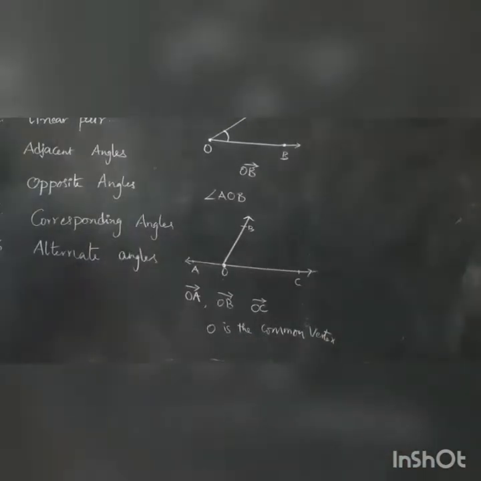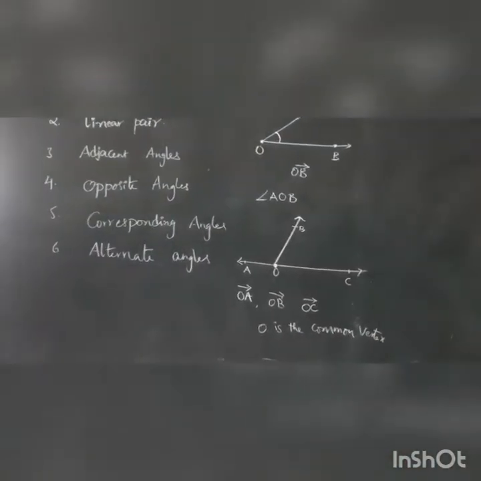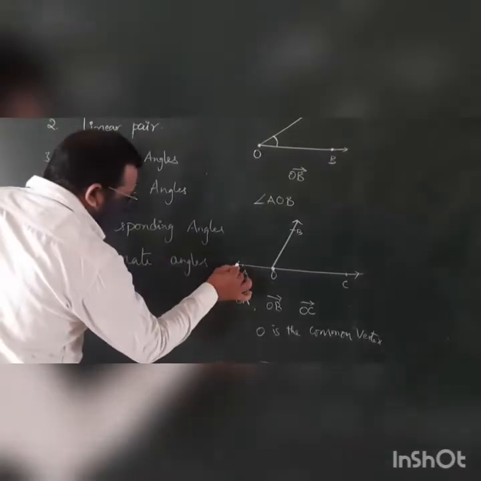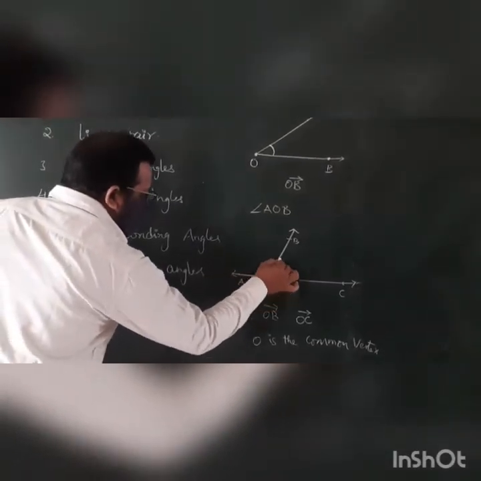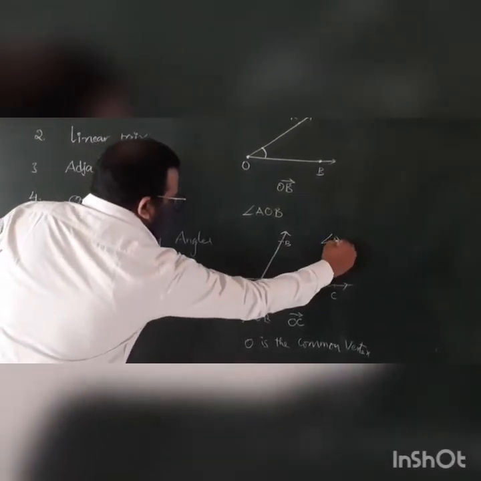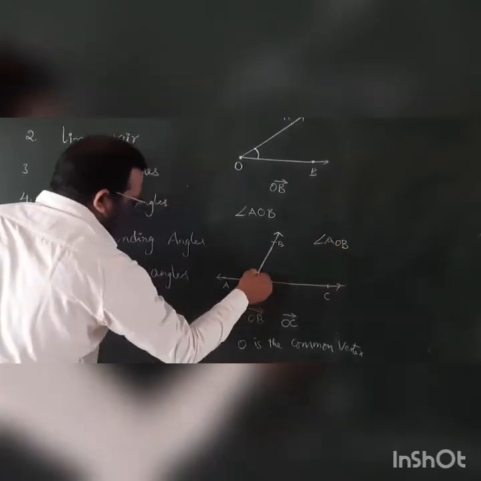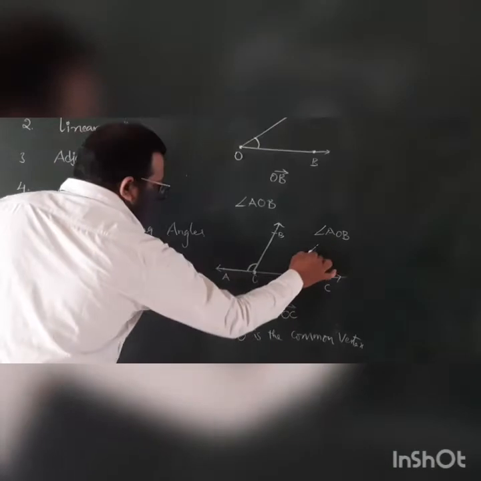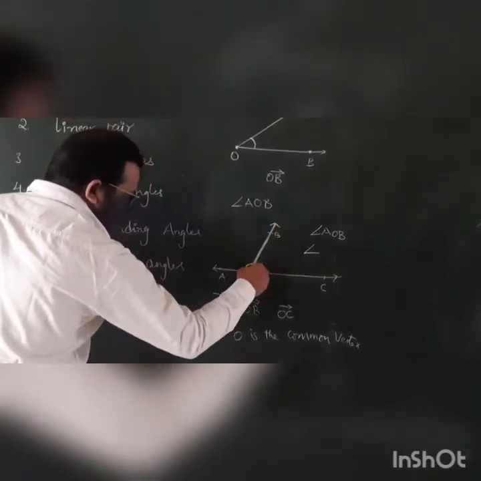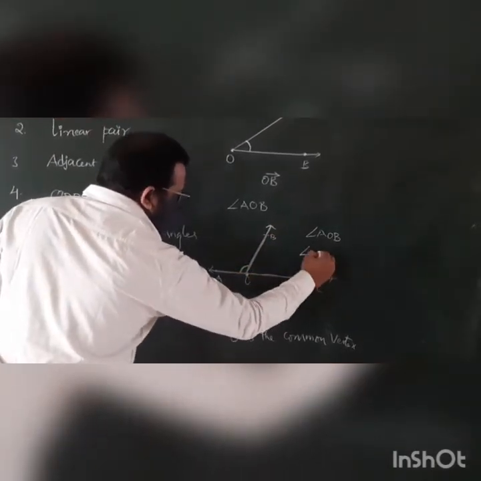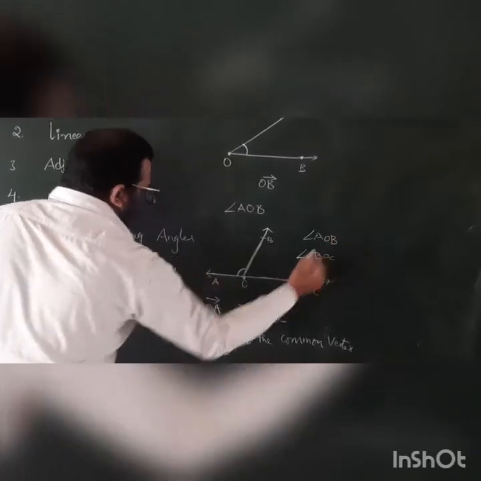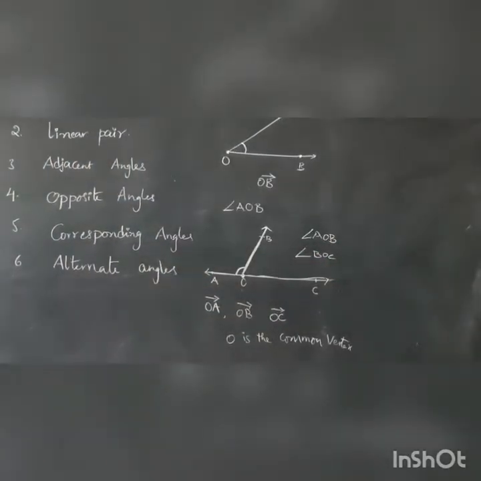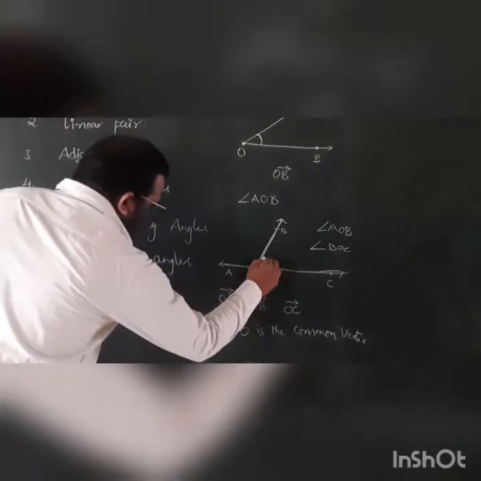So here we can observe the formation of two angles. What are the two angles here? Angle AOB is one angle, and angle BOC is another angle. So what do these two angles represent?